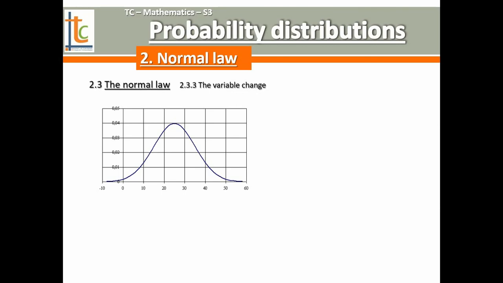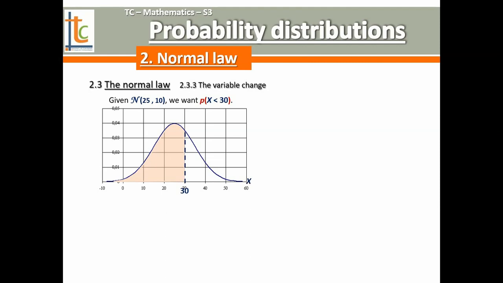Taking here the normal distribution with a mean of 25 and a standard deviation of 10, the curve is what appears. So in this normal law, we would like to calculate the probability that x on the horizontal axis is less than 30. It corresponds to some area, colored in pink here.